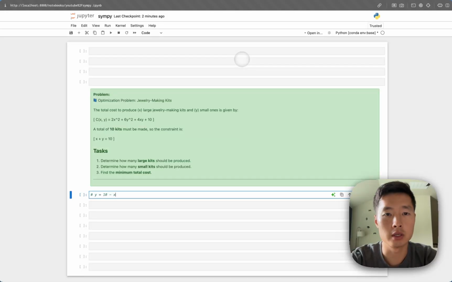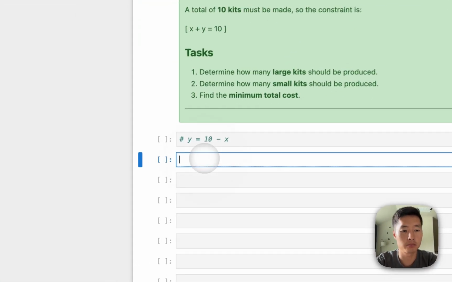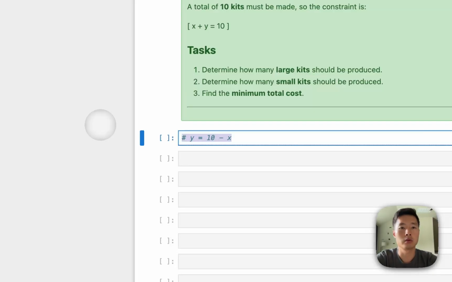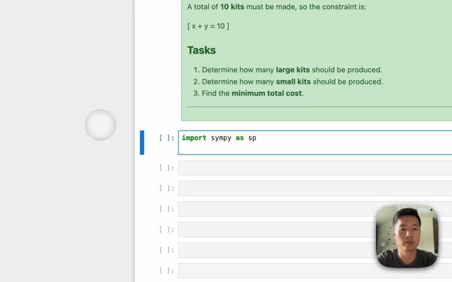Alright, let's write the Python code. So, import SymPy as sp. x is equal to sp.symbols, x is the variable that we're going to use.